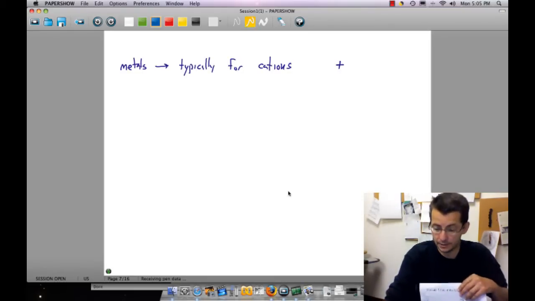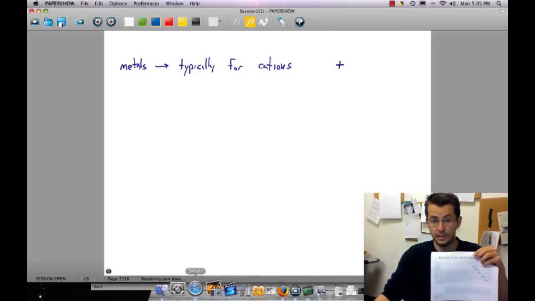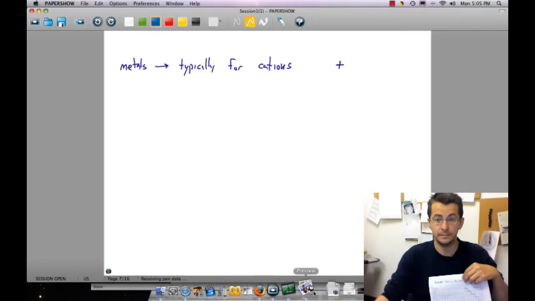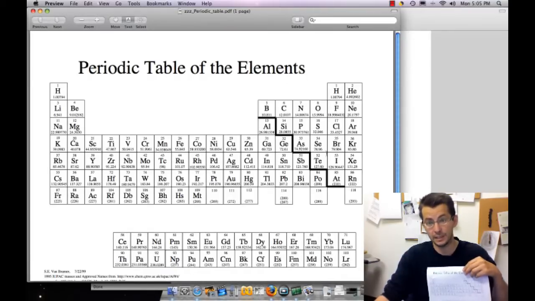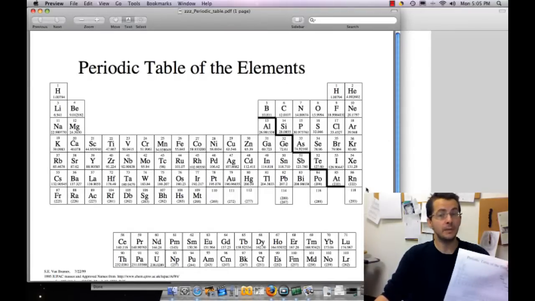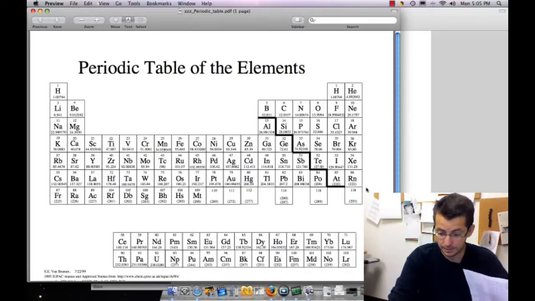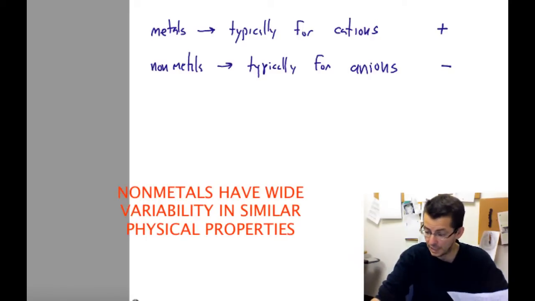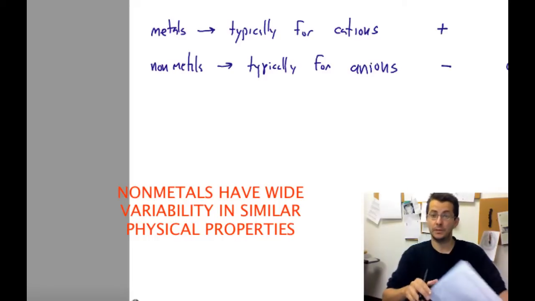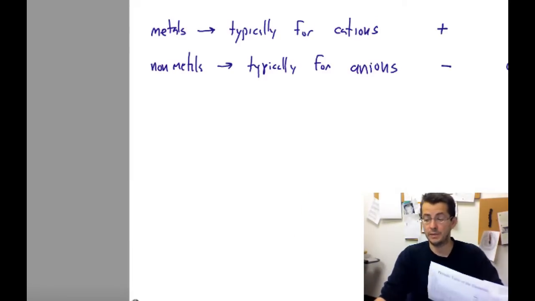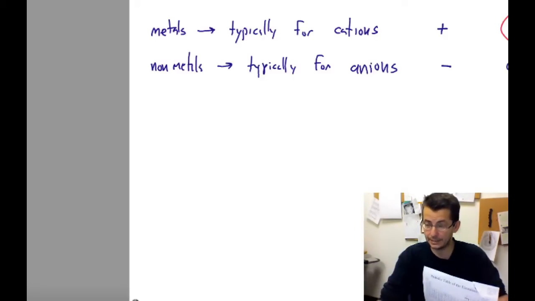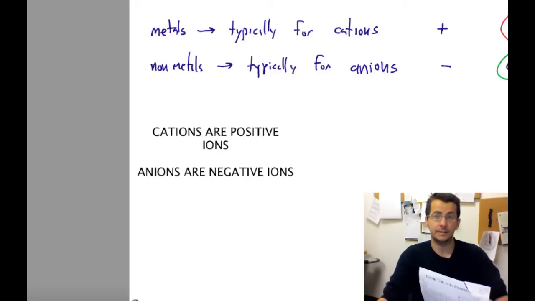Whereas the nonmetals, those over on the other side of the periodic table, typically form anions, or negatively charged species. A good example would be something like chlorine, whereas a good metal would be something like sodium, would form the sodium cation, or the chlorine anion.